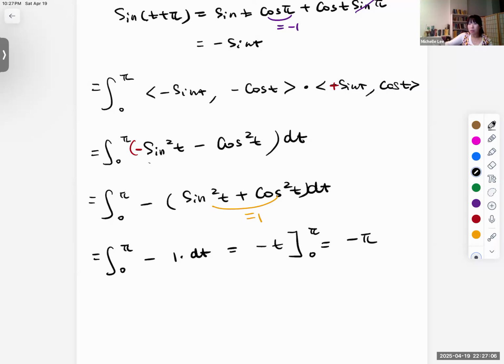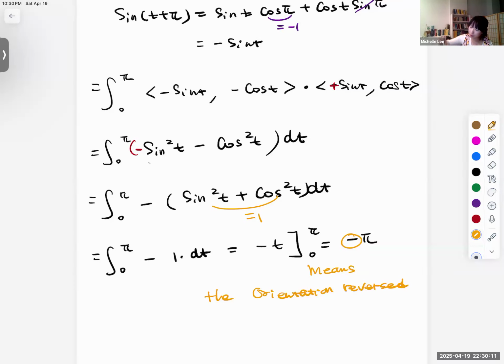Okay, so this is negative pi, which means the orientation is reversed.